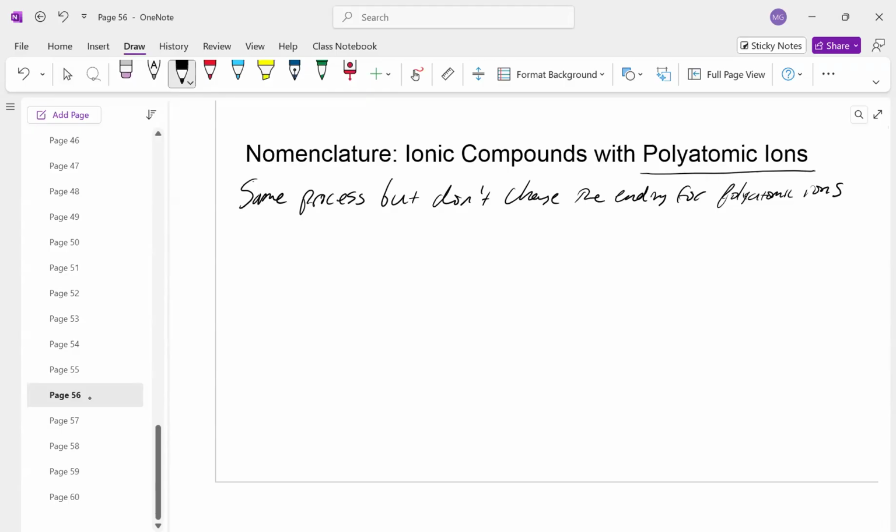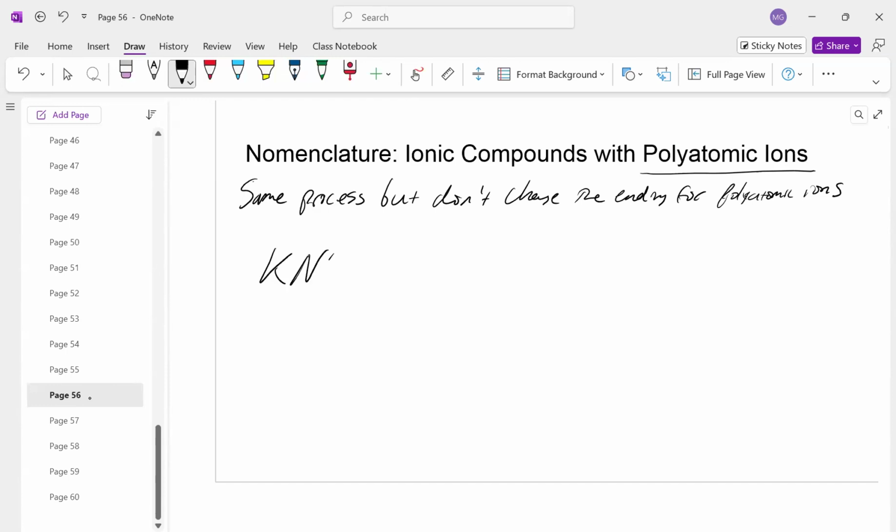You just name them as is. So, for example, nitrite. If nitrite appears in an ionic compound, that's how you name it, nitrite. Or sulfate. Sulfate is the SO4 -2 ion. You just name it as sulfate in the ionic compound name.